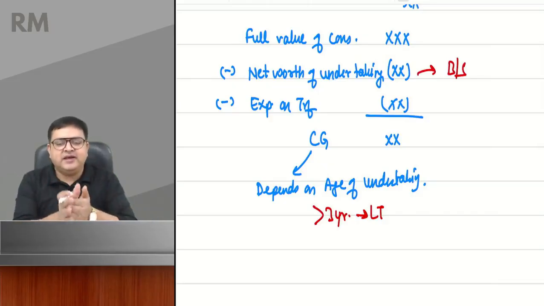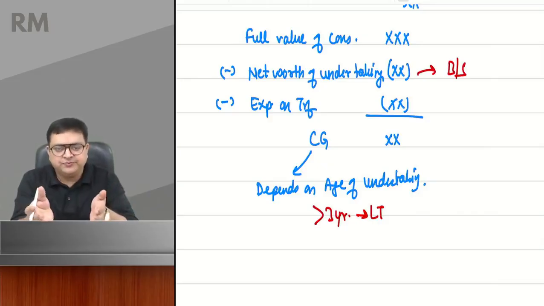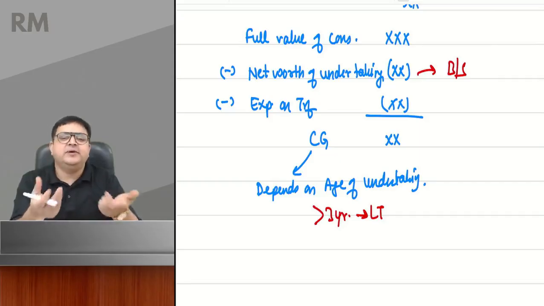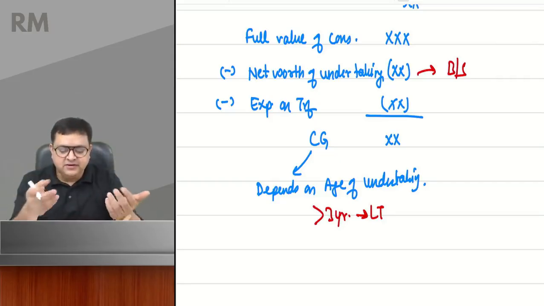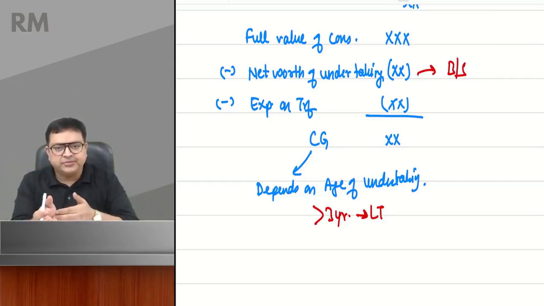If in this balance sheet we have the total of unit 1, unit 2, cement division, cloth division, we are only concerned with cement division. Cement division means the undertaking which we are selling.